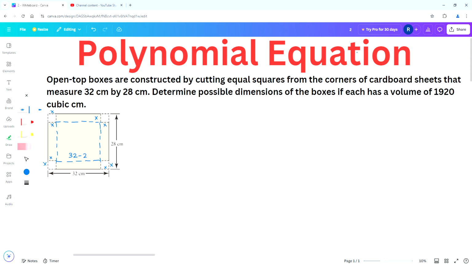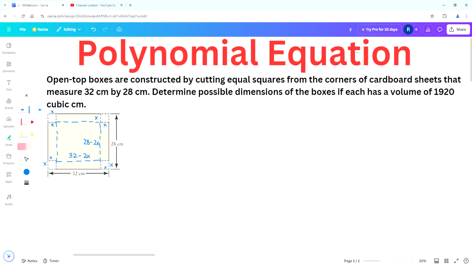We subtract 2x from 32 because the length will reduce by x centimeter from both sides of the length. Similarly, the width of the box will be 28 minus 2x. We subtract 2x because the width is reduced by x centimeter from both sides.